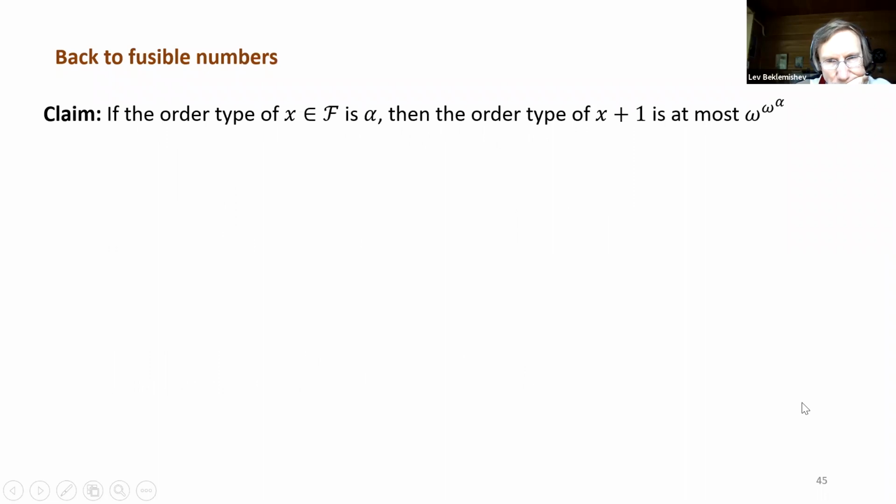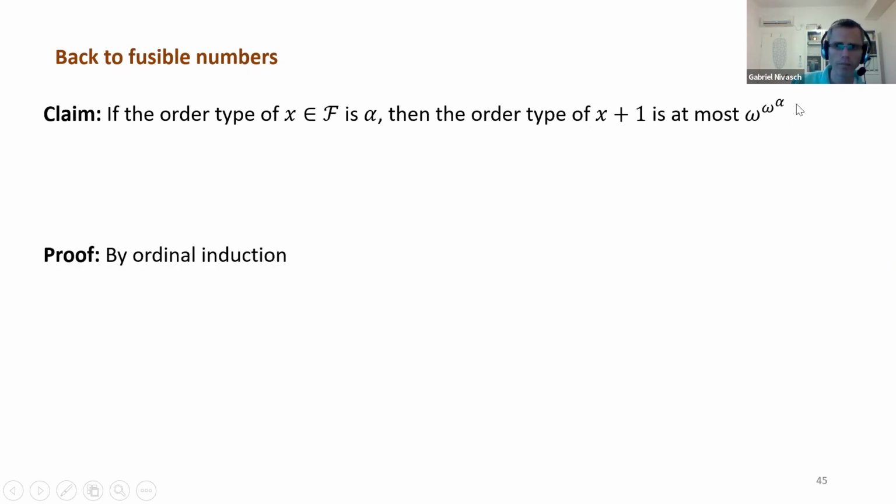Using this, we can prove that if the order type of x in fusible numbers is alpha, then the order type of x plus 1 is at most omega to the alpha. Let's see why. So this is again by ordinal induction.